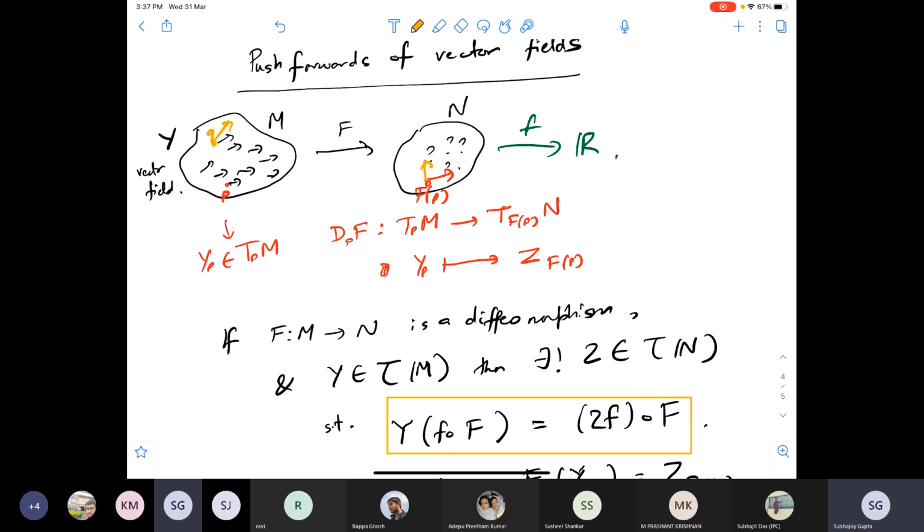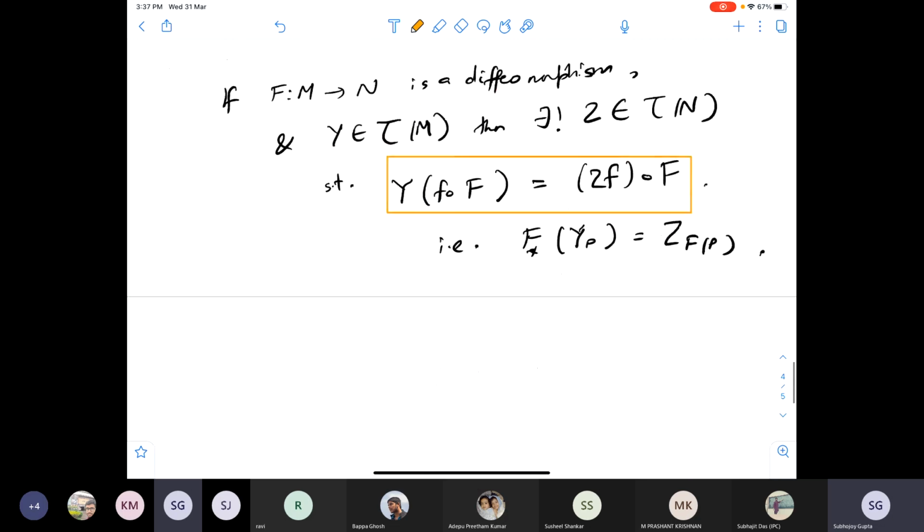So suppose you have a map f from M to N. You have a point p here and a vector here. You don't quite know. First of all, p might not be in the image of f.